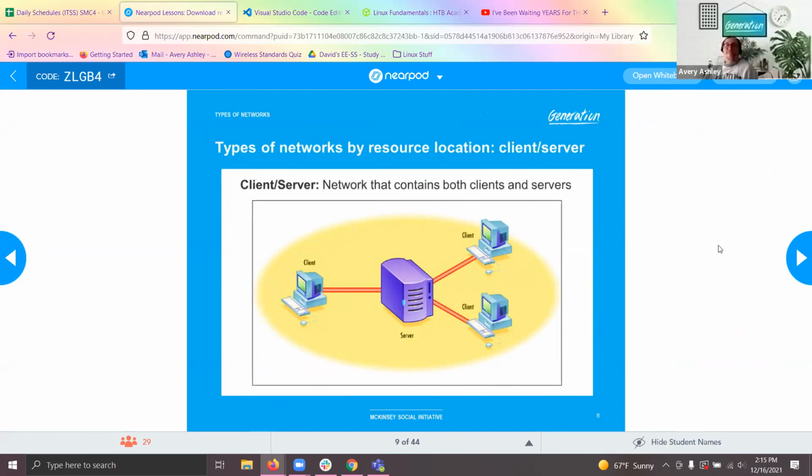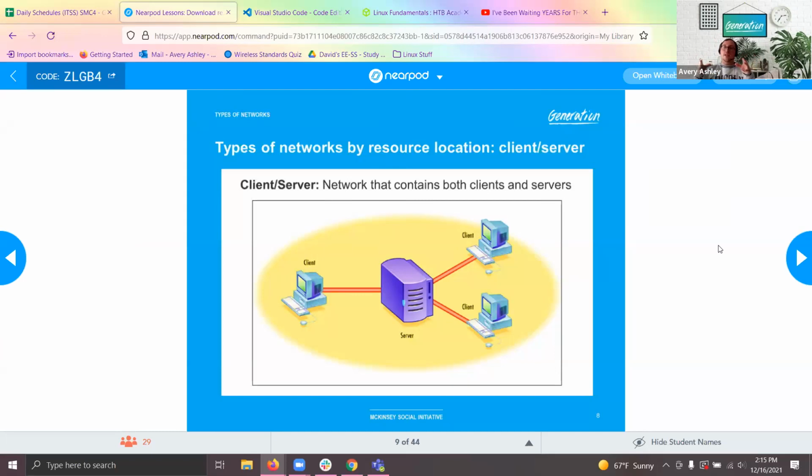All right. So we have two ways that we allocate our resources. We use client-server, which is, as you could guess, clients and a server. All of the clients connect to a server in some way, and it shares its information amongst the different clients.